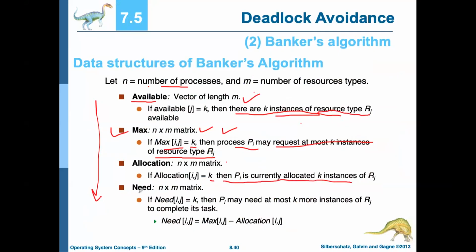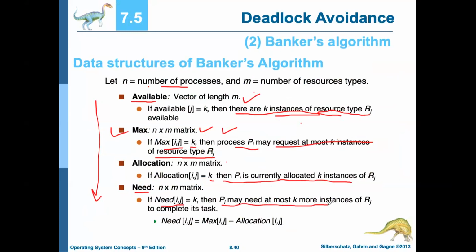And then Need is an n times m matrix. If Need[i][j] equals k, then Pi may need at most k more instances of Rj to complete its task. So that reflects the current scenario.